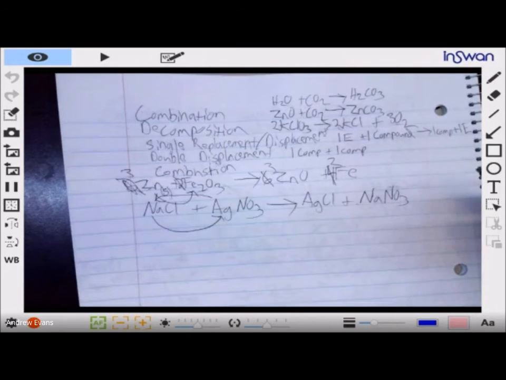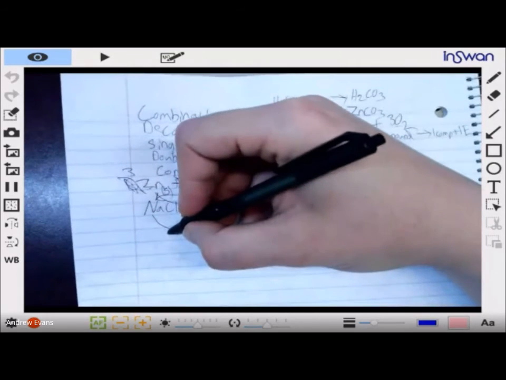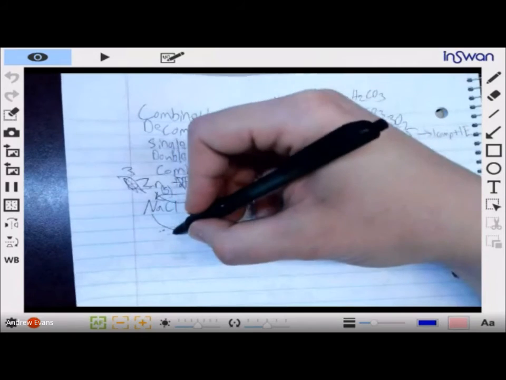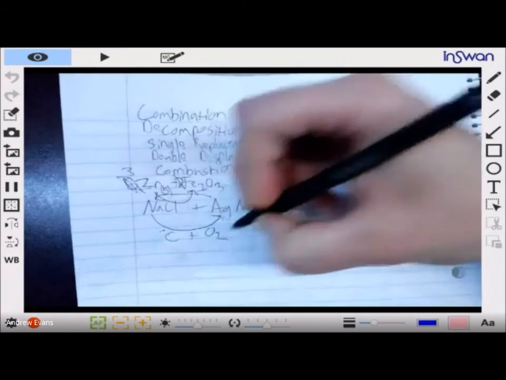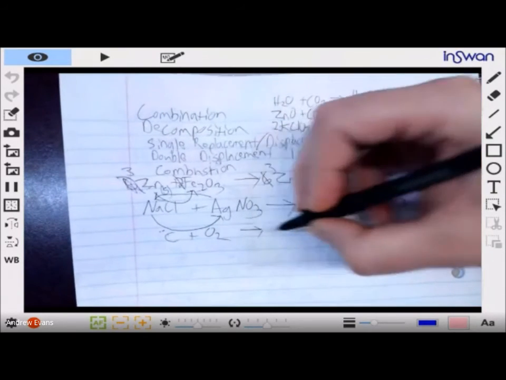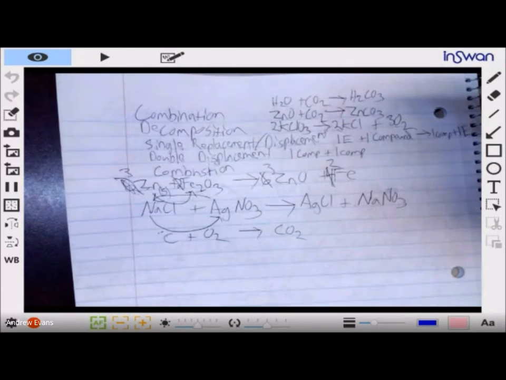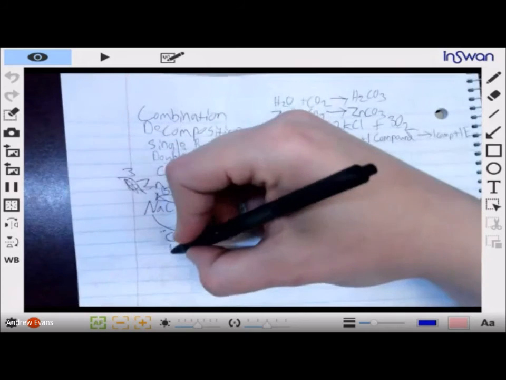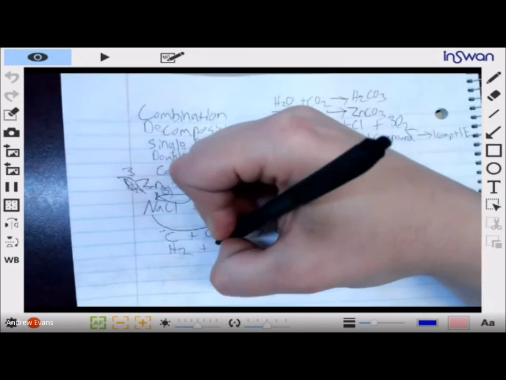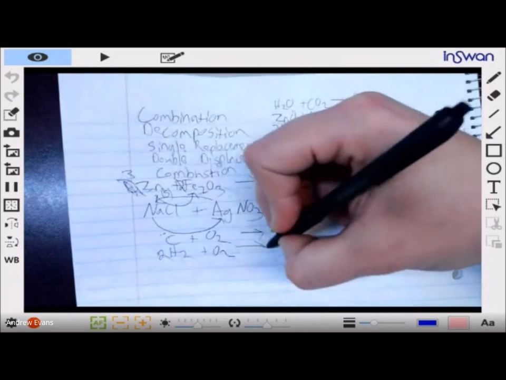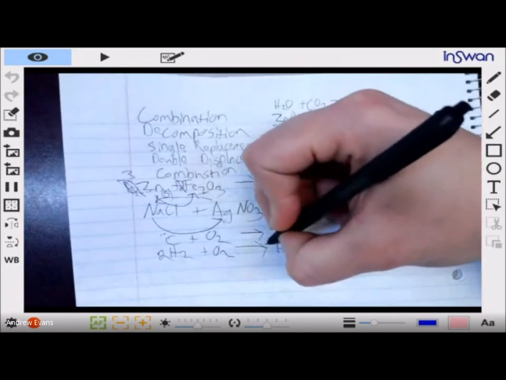And then, of course, combustion is just a fancy way of saying that element plus oxygen goes to CO2, an oxide. Element plus oxygen goes to an oxide in some combination, like H2 plus O2 goes to H2O, which is an oxide.